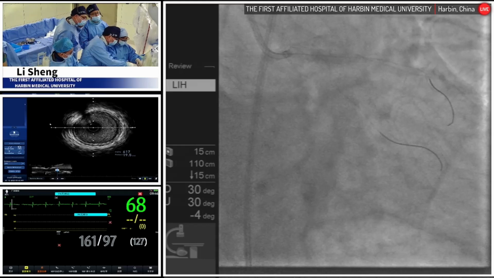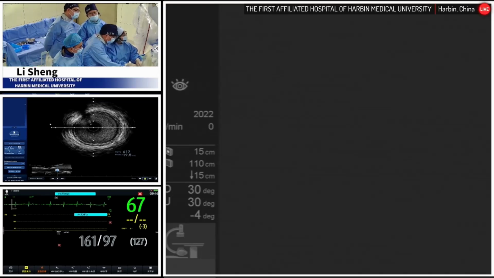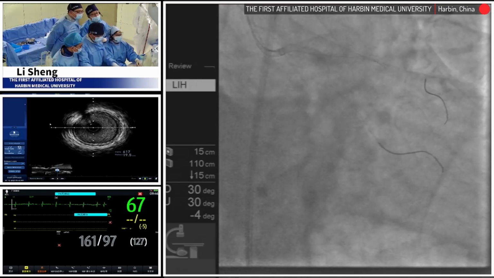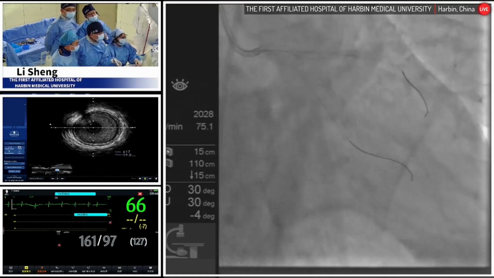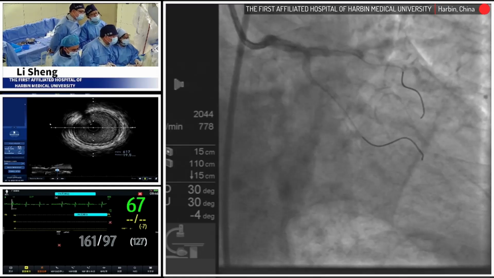We need a caudal angiography for the QFR. So if we have a very clear image, then we can have the accurate QFR results.